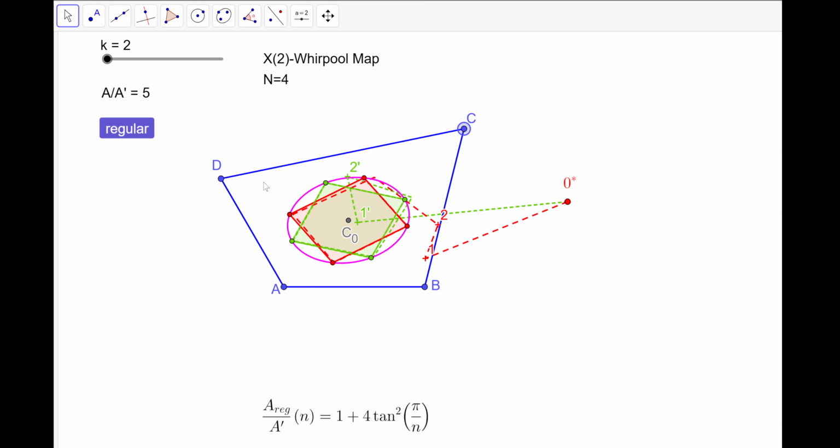For a moment, ignore D, and let's only focus on A, B, C. Let's just focus on these three vertices. Do you agree that there's an affine transformation that will send A, B, C to two sides of a square, namely A prime, B prime, and then B prime, C prime that is perpendicular to A prime, B prime and of the same length?